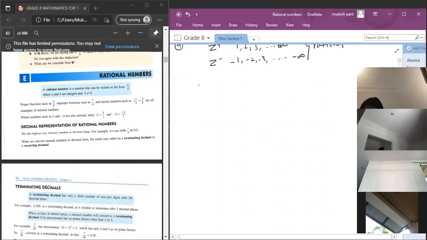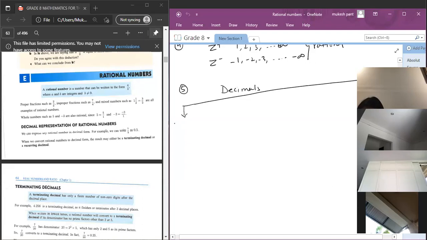I'm dividing decimals into four categories.